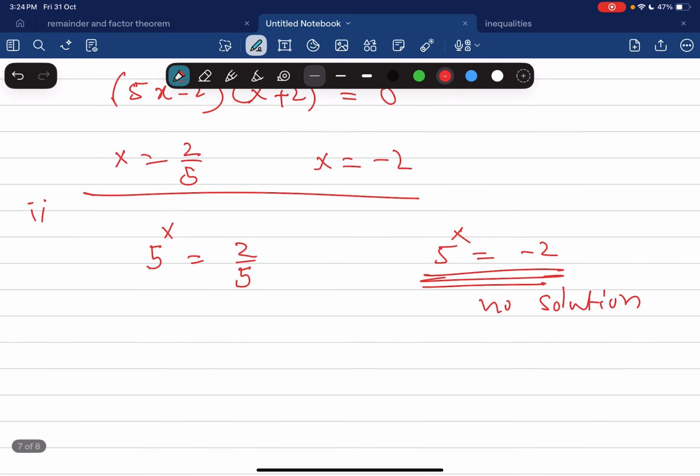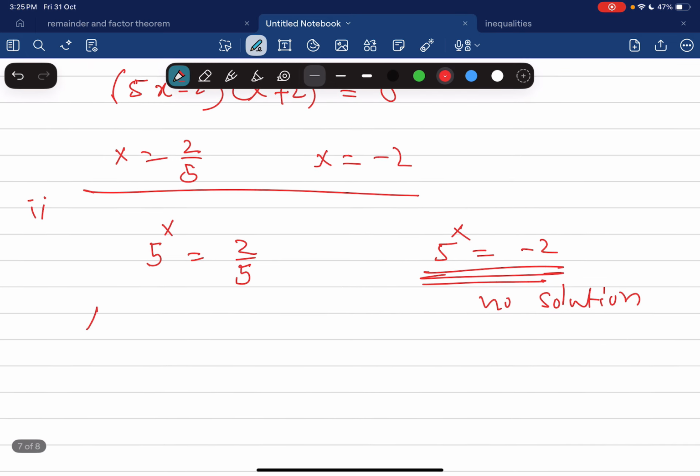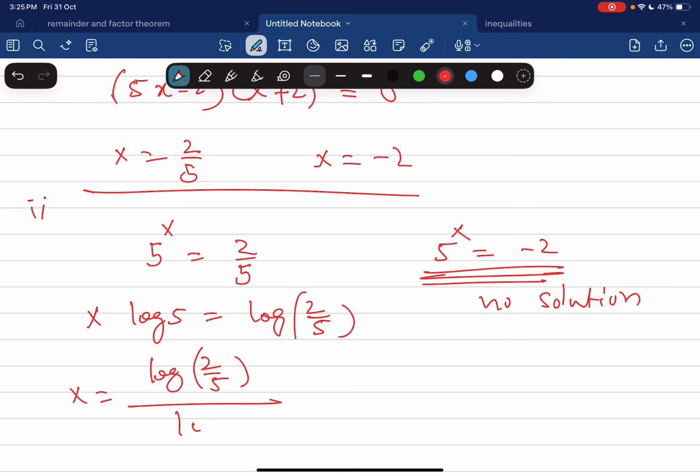That is the method. Then we take log both sides. This equals minus 0.569.